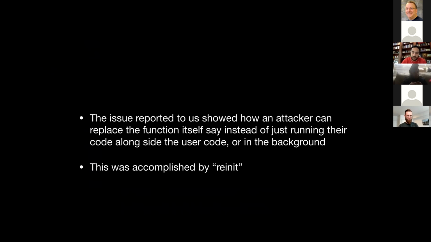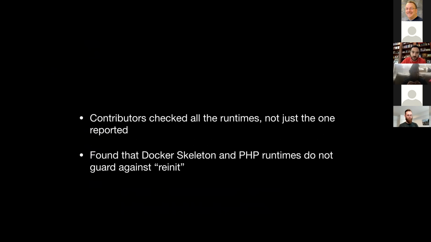From the point of view of the OpenWhisk runtime, we believe that the function should be immutable in that sense, and you shouldn't necessarily be allowed to do this. And so we went ahead and looked at all the runtimes, not just the one that was reported, and found that it was the Docker skeleton that was affected because it wasn't guarding against reinit, and also the PHP runtime.